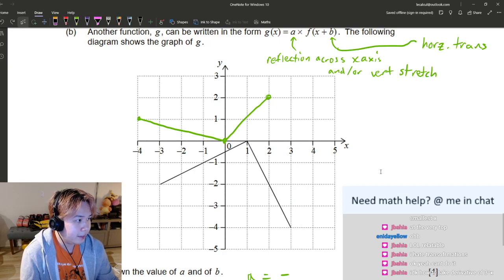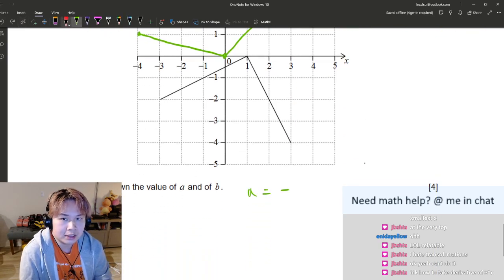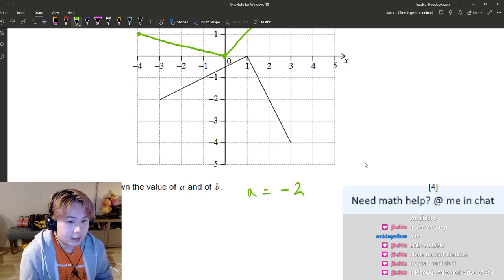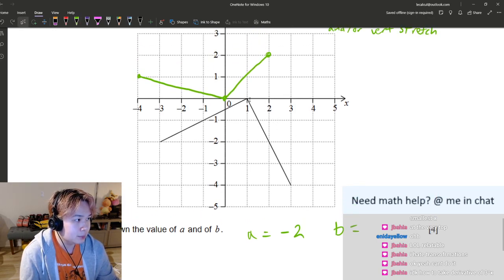So we do have a vertical stretch of a factor of 2, so a is negative 2. And then b is the shift towards the left. So it moves over one space.